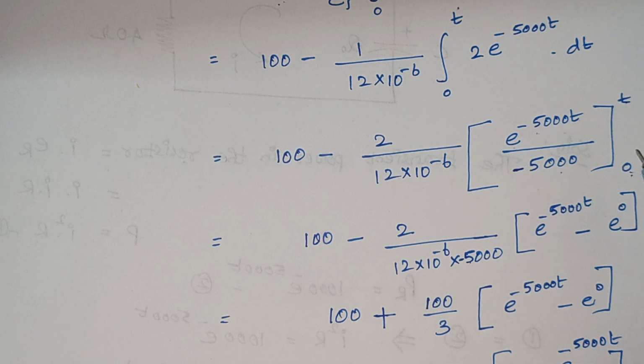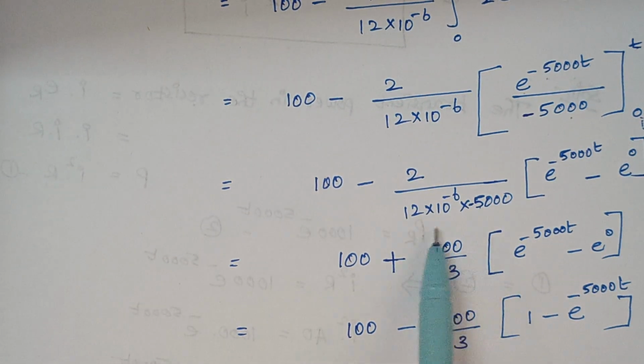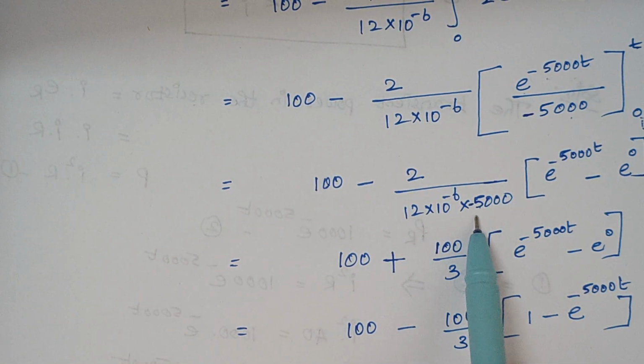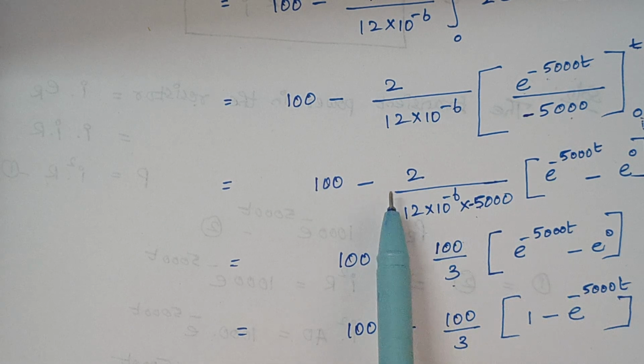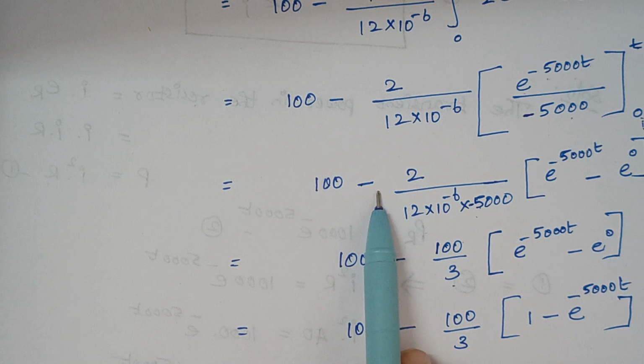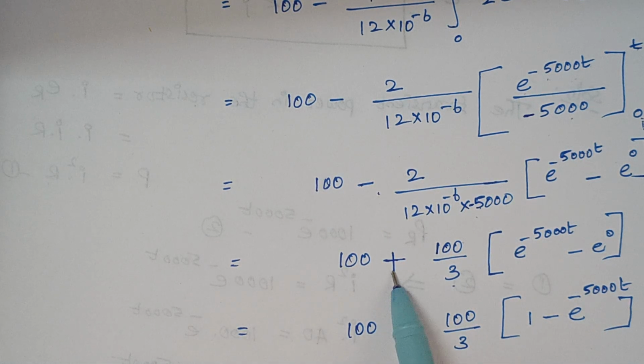When you substitute it, you get e to the power minus 5000t minus e to the power 0. When you solve this expression, we get the value as 100 by 3, or you can directly write 33.33. Here, minus into minus becomes plus.